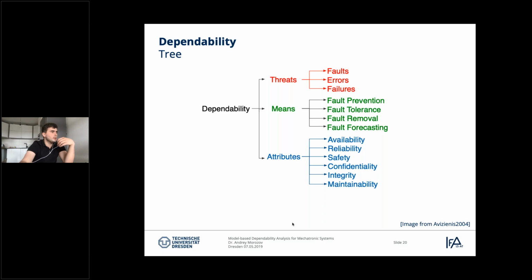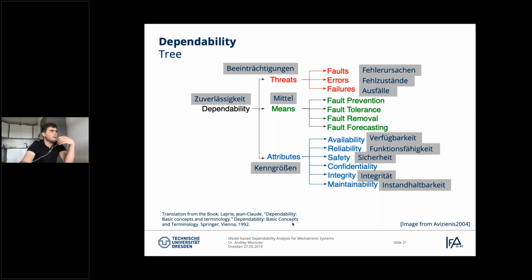Okay, now let's come back to this tree. Dependability has attributes, threats, and means. There is quite a complication with translation between different languages. I'm originally from Russia, and when I tried to translate it to Russian, strange things also happen. Here is, let's say, the official translation of these terms to German.